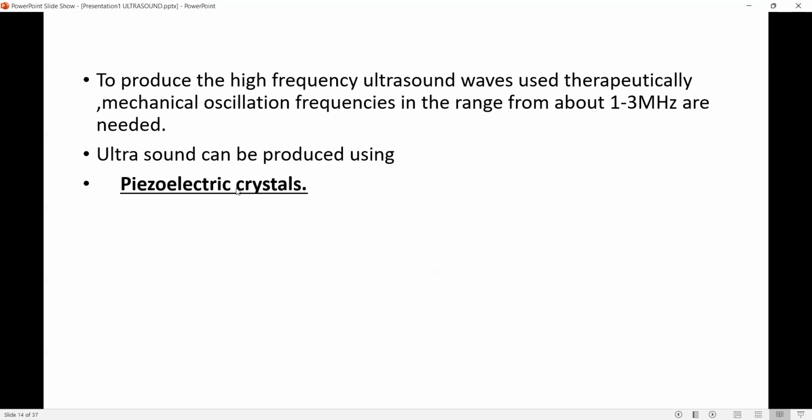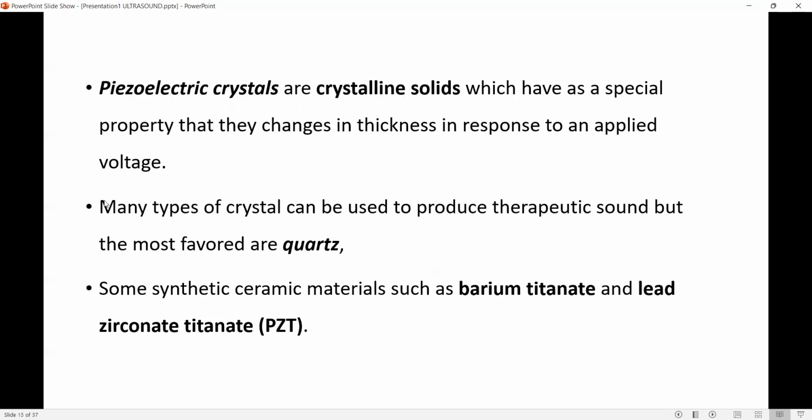Ultrasound can be produced using a piezoelectric crystal. What is a piezoelectric crystal? Piezoelectric crystals are crystalline solids with the special property that they change in thickness in response to an applied voltage.